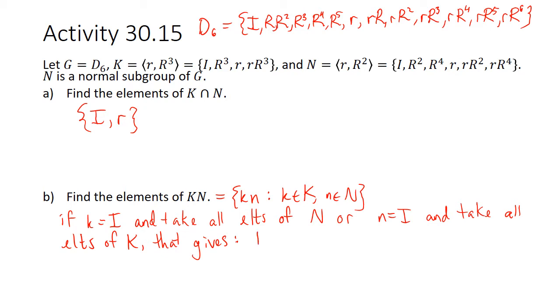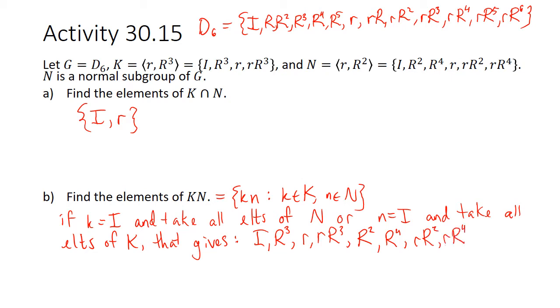So that would give you I, r cubed, little r, little r times r cubed. That's all the stuff that's in K. And then you would also get all the stuff that's in N. So let's see, I already got I, and then I would get r squared, and then r to the 4th, and then I already have little r, I would get little r times r squared, and little r times r to the 4th.